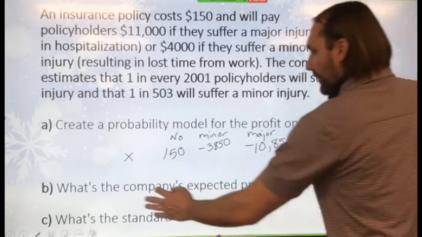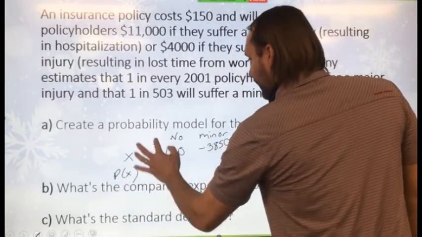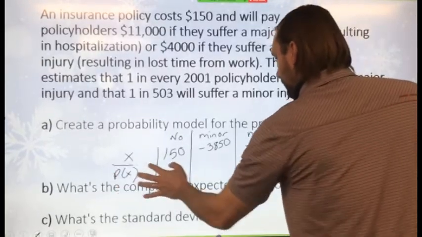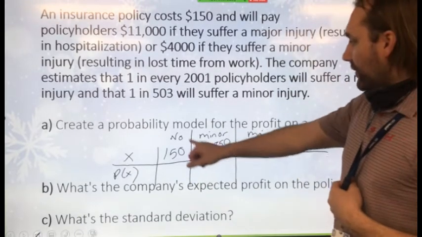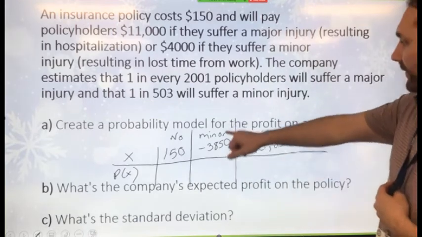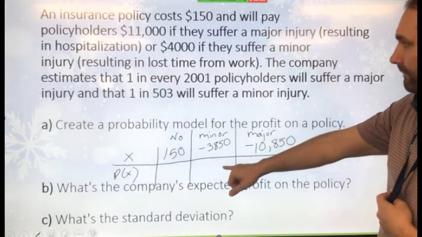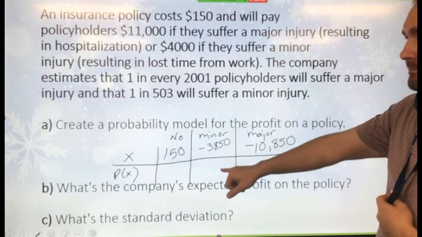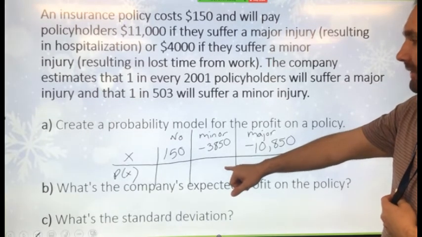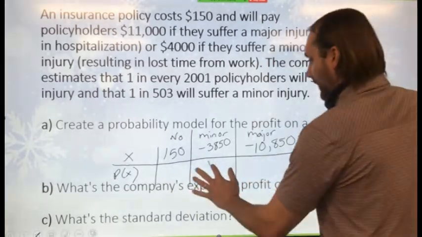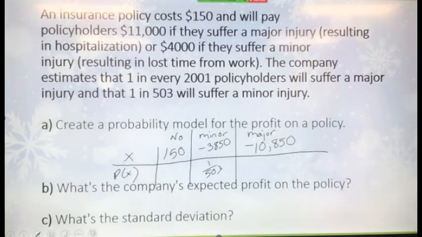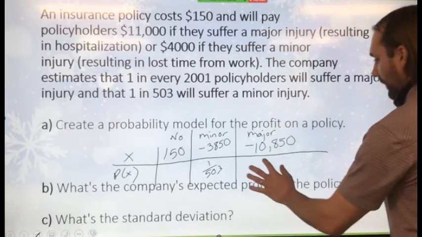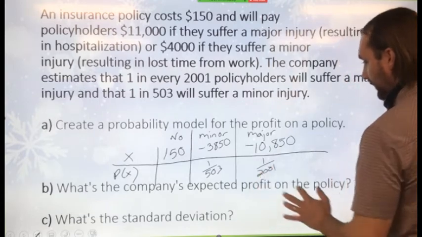Now let's find our probability of that outcome. Well, I don't have any information on no just yet. What is the probability of a minor injury? What was my probability on a minor injury? Yep, 1 in 503. What is my probability of a major injury? 1 in 2001.